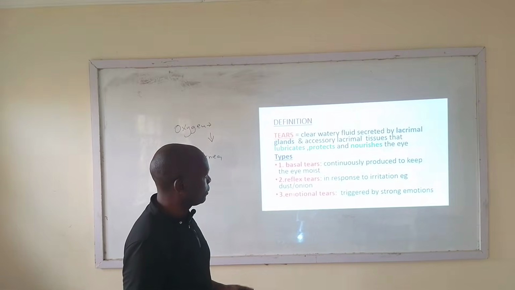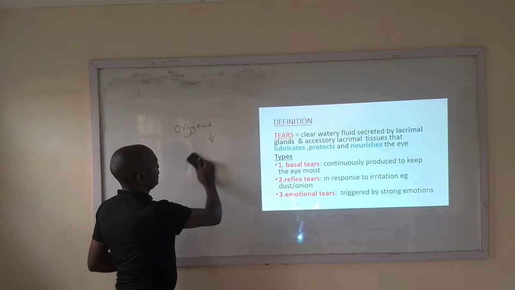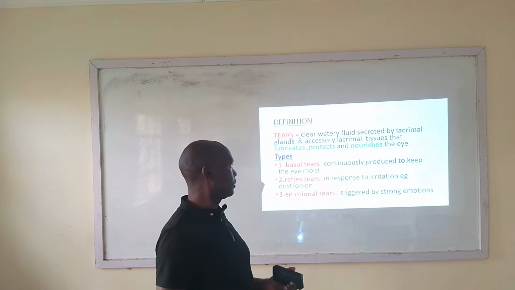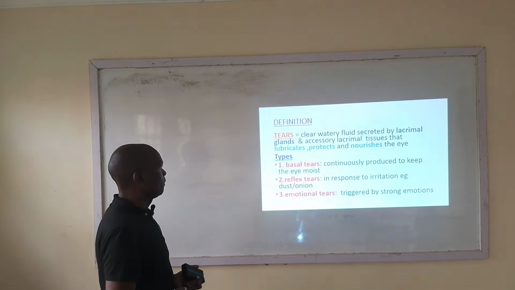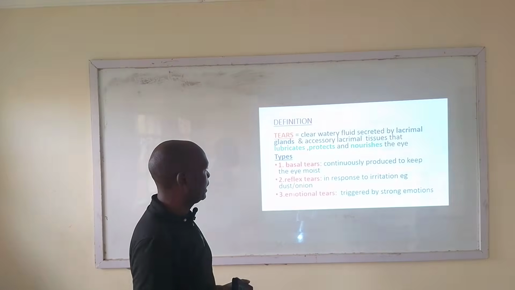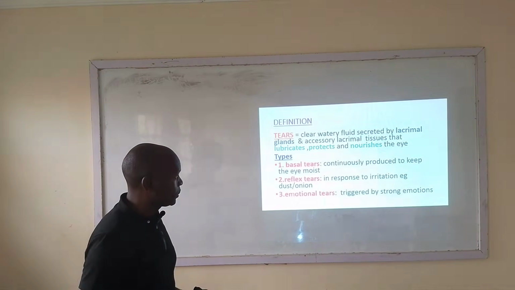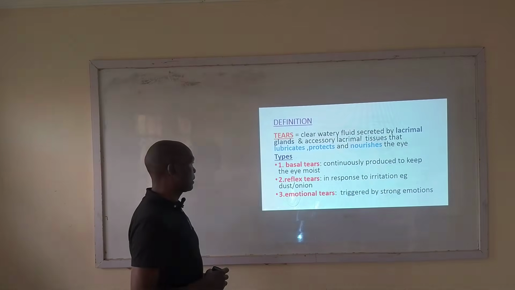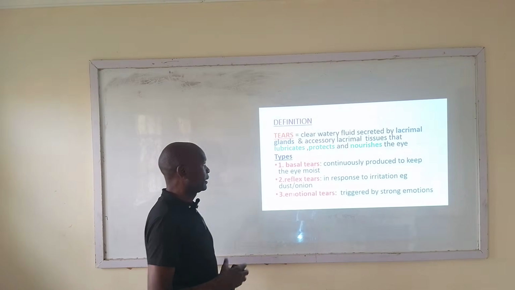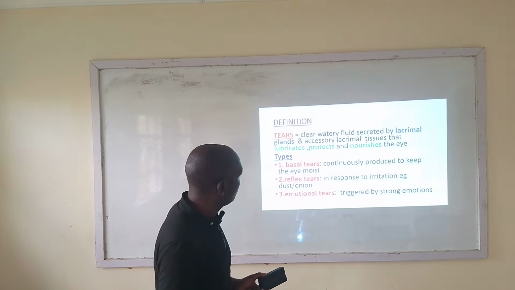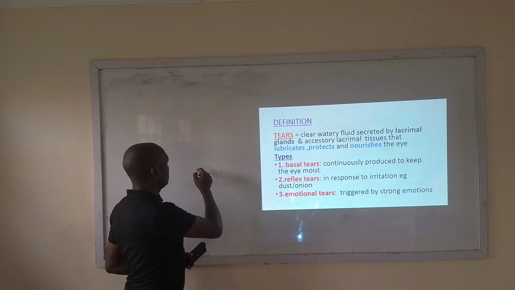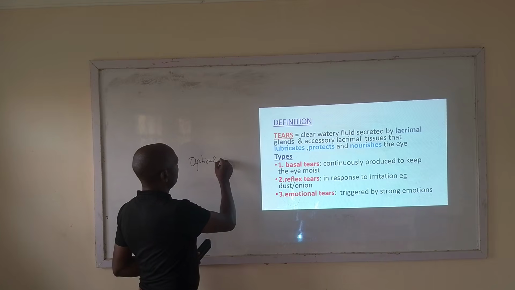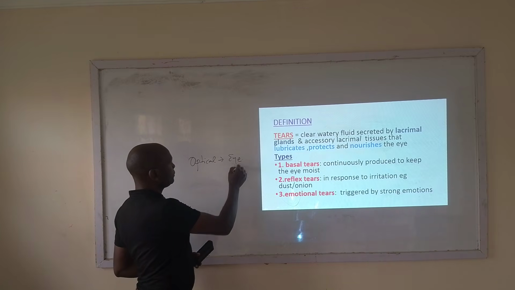The tears can also form part of the optical benefits to the eye, because being the first substance on top of the eye, it is also part of the optics.